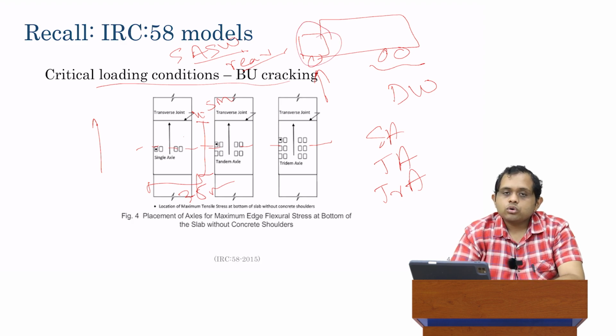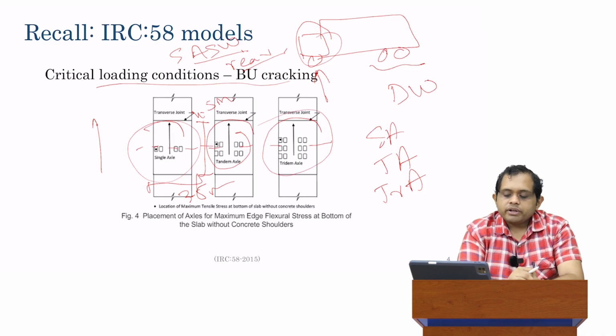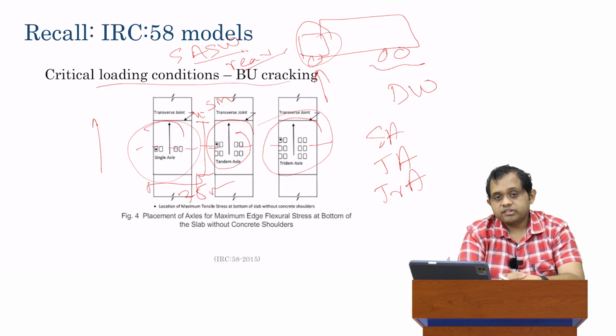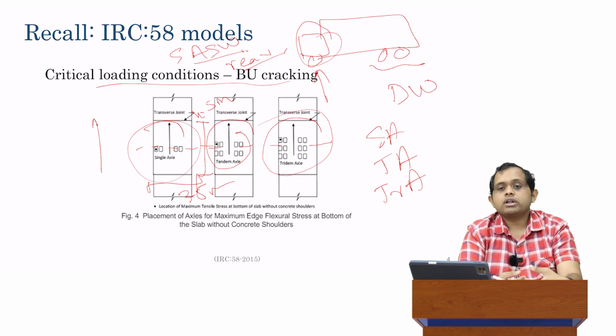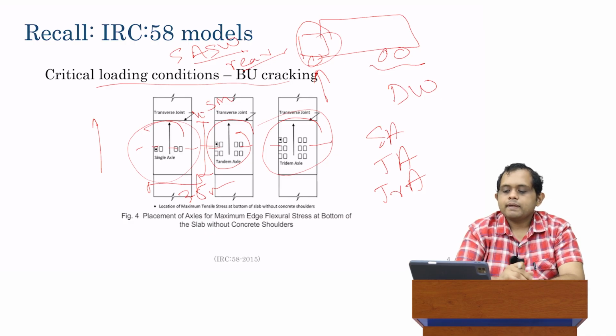For rear axles, we could have a single axle, in which case the loading condition would be as shown over here, or a tandem axle, or a tridem axle. I went through this in the previous lecture, so I won't go through all the details again, but they actually ran several finite element simulations with these loading conditions and calculated the critical stresses from that.